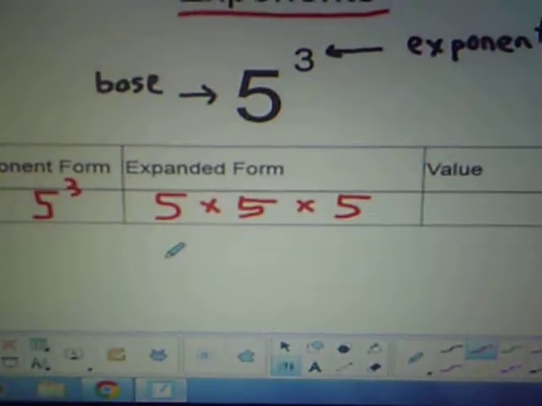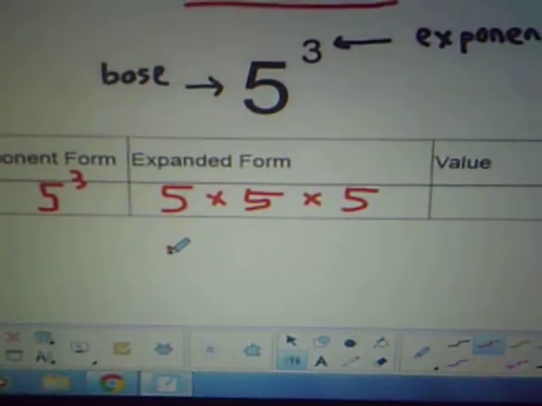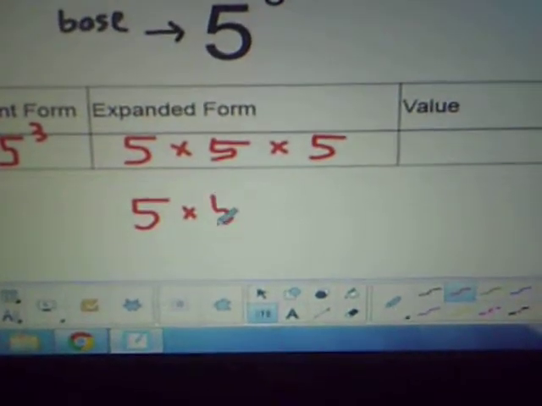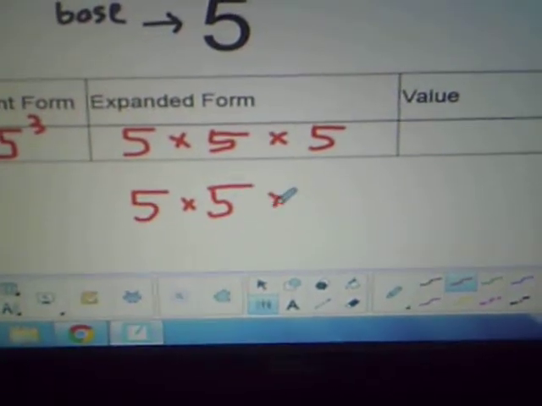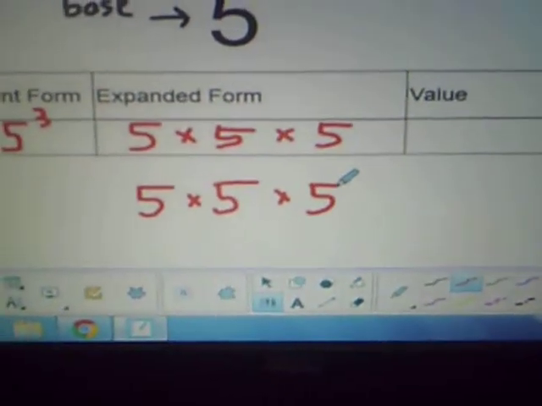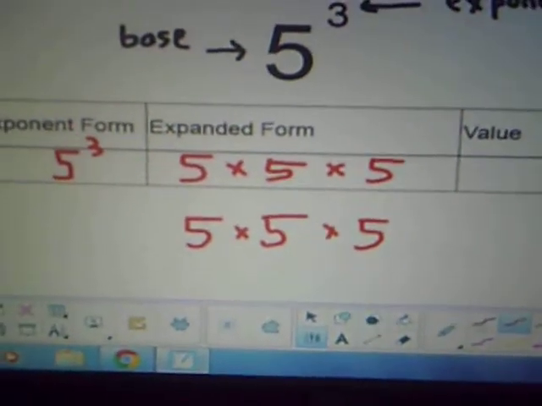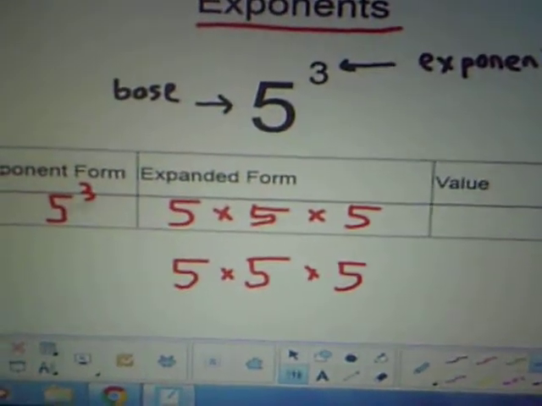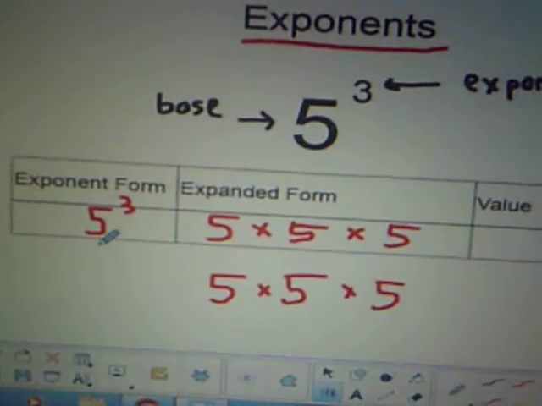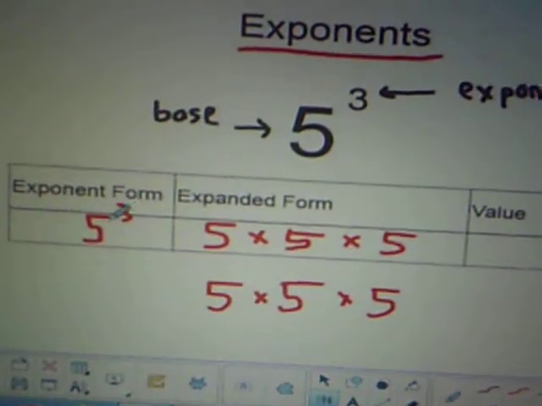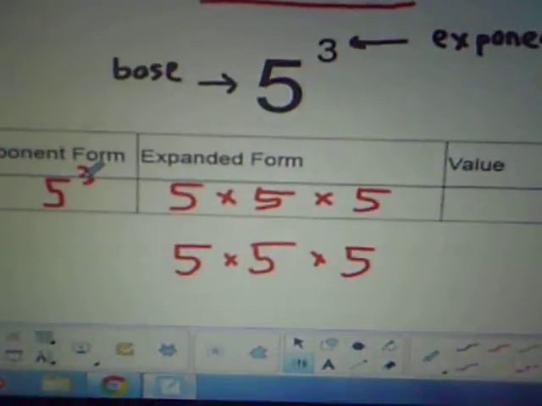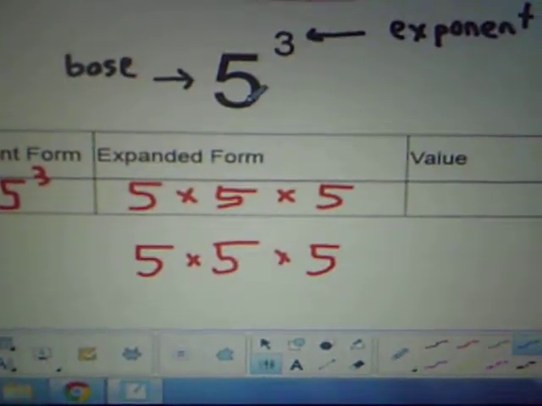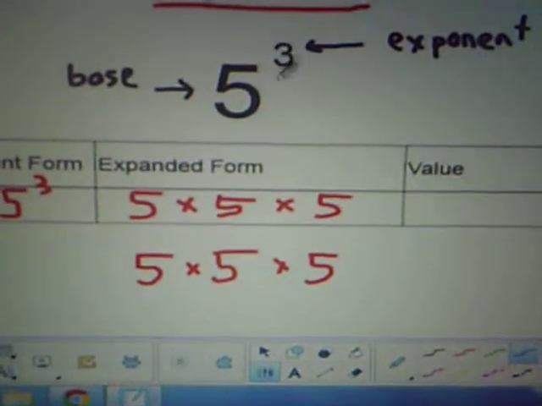So when we're working with exponents, it's sometimes helpful to multiply together in different parts. So let's take it one step at a time. So let's rewrite our number here in expanded form. Our goal right now is to find the value. We know that the exponent form of this number is 5 to the third power, or 5 with an exponent of 3. When we expand it out, we use 5 times another 5 times another 5 because of that exponent of 3.